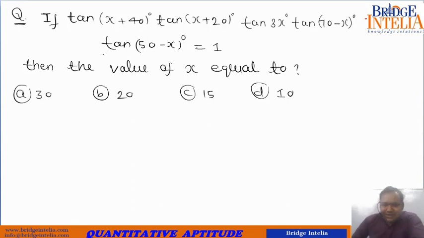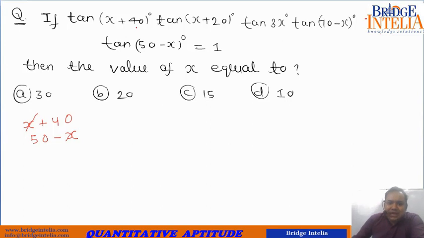So I hope you must have tried this out. Now let's try to solve this together. If only you could observe a few things, it would become very easy for you. You can see a few numbers here like x plus 40 and 50 minus x. If you add these two numbers, you will get 90.